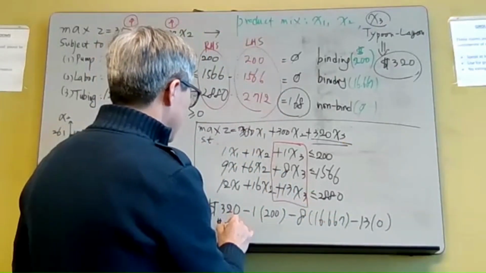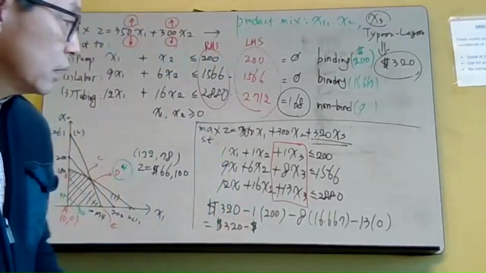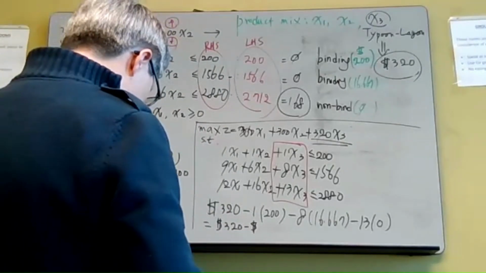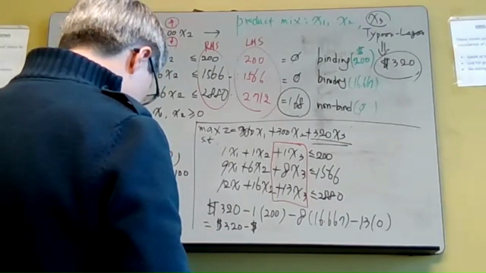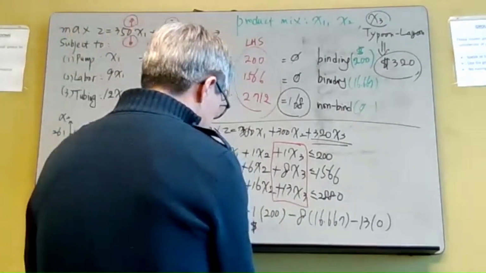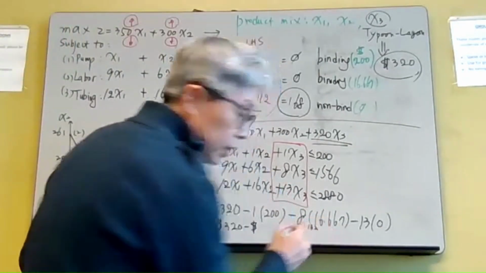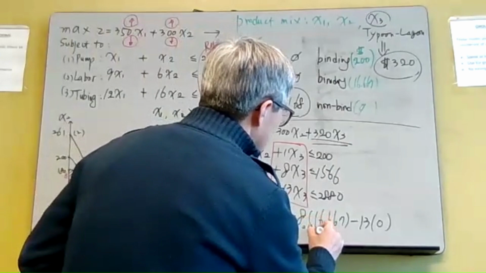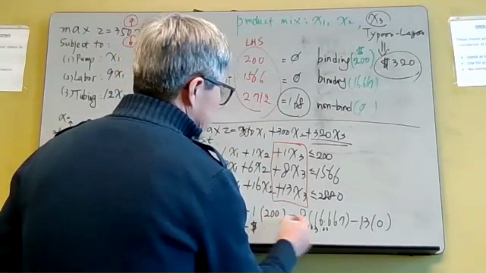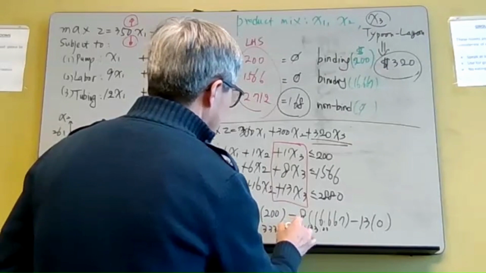So 320 minus 200. Let's calculate. 8 times 16.667, 133.33. So the total shadow price, total cost will be 333.33.